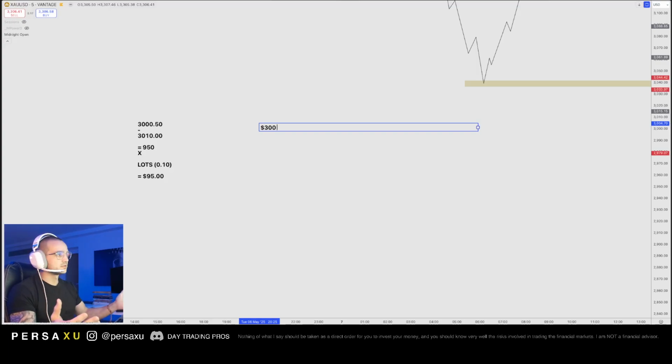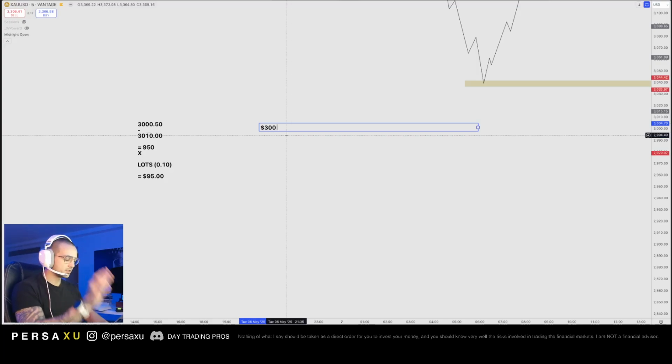300 is what you could spend in a weekend partying. Might as well save it and risk it in the market. You can potentially make 1,000 in 2 weeks. So you're gonna start with $300, and for this you would trade 0.03 to 0.05 tops.